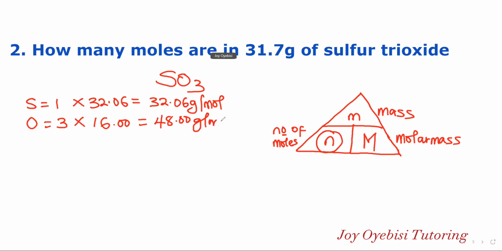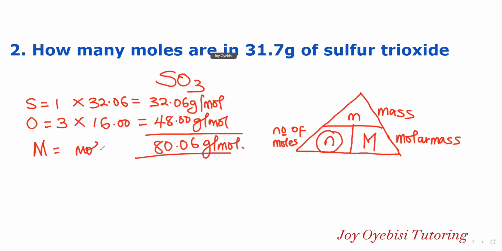And again, we sum them together. That will give us 80.06. So now that we have this molar mass, this will be your molar mass, the big letter M.